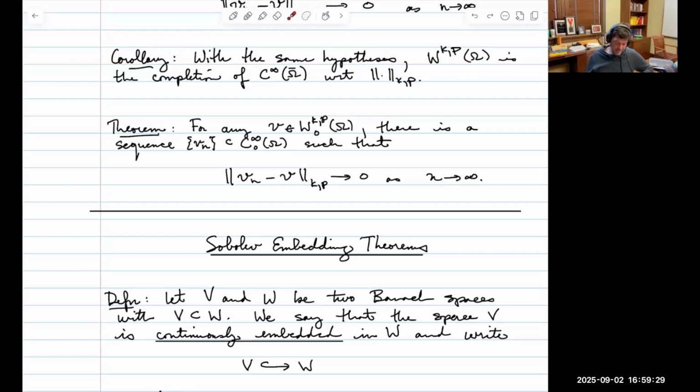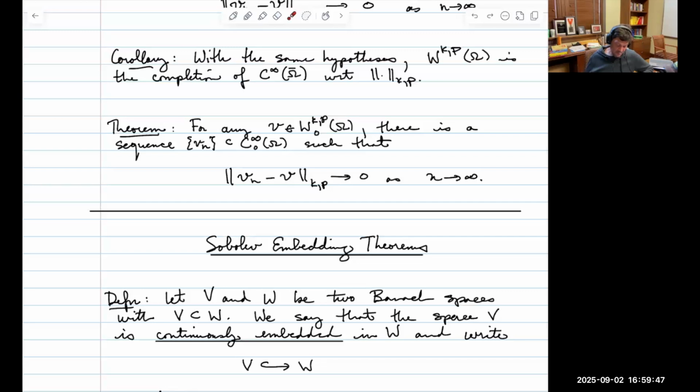So in other words, these functions are dense in these functions. And that's by design, because we simply said this set here is the completion of these guys under that norm. So it means all the same things.